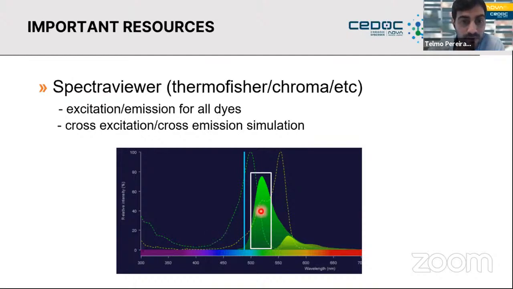So in this case specifically, we have these 2 fluorophores. They are very close to each other. And if we use this light to excite it, you will see that we are both exciting this green dye and also this yellowish dye.